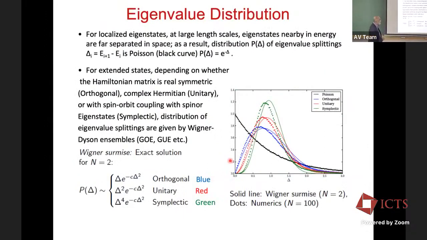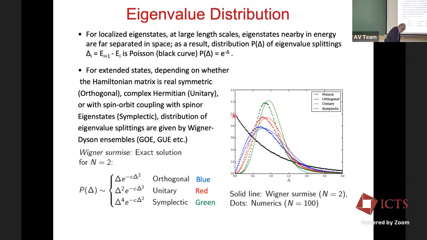Now, one way to look at whether eigenfunctions are localized or not is to look at eigenvalue distributions. What you find is that if you have localized eigenstates, eigenvalues that are very close by in energy are typically very far apart in real space. So they don't really interact with one another, and the distribution is essentially Poisson.